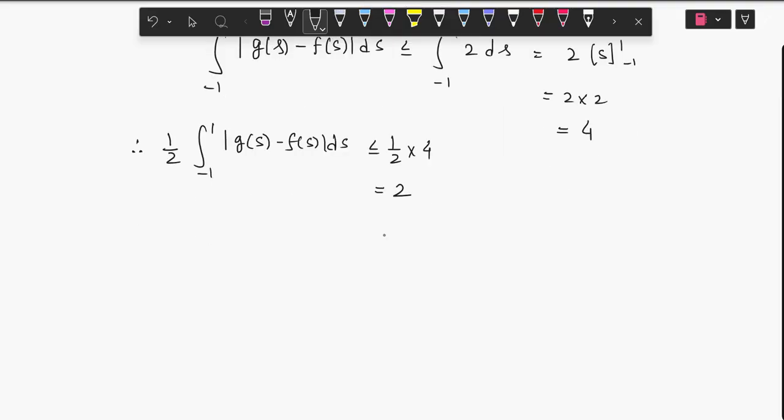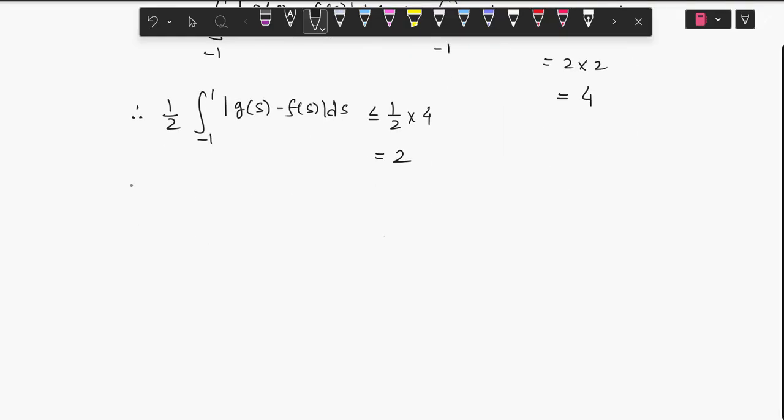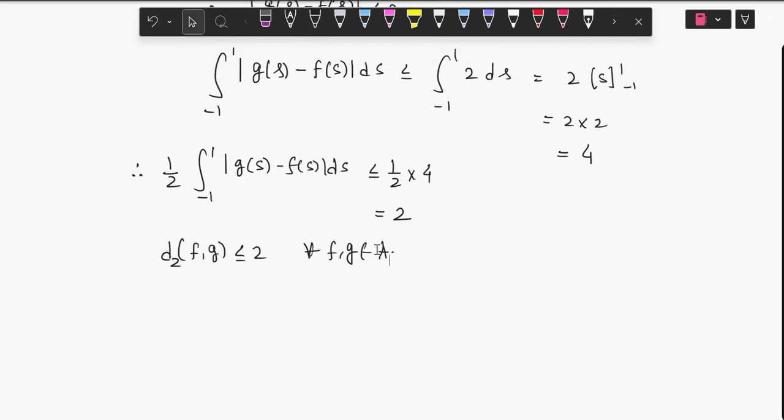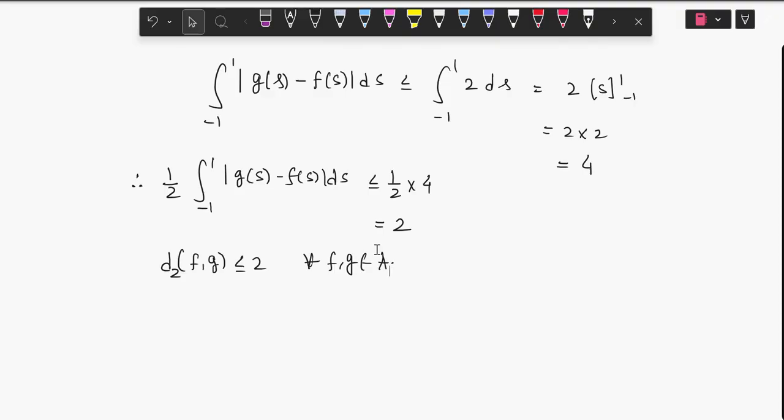So therefore the conclusion is d2 of f, g is less or equals to 2, for all f, g belongs to A। Therefore जो A सेट था वो d2 मेट्रिक के रेस्पेक्ट में भी बाउंडेड है। Therefore what we can say is that A is bounded with respect to d1 as well as d2.